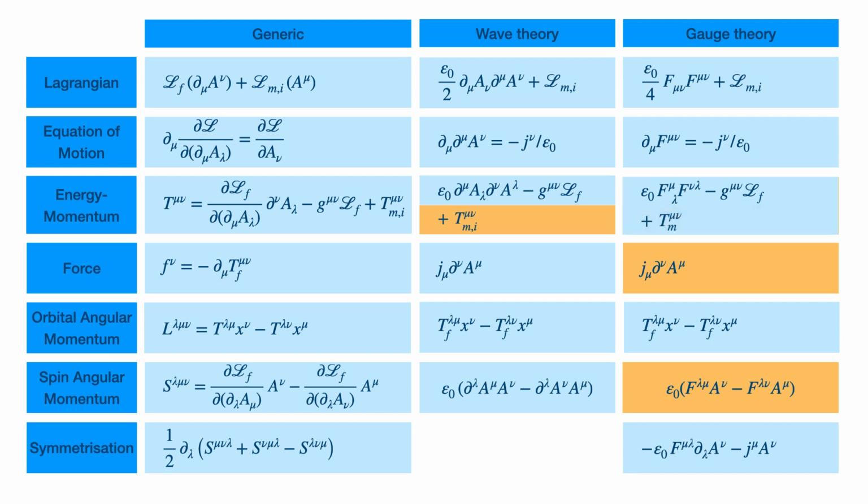This must equal the matter kinetic energy momentum, Tm, without interaction contribution. Indeed, the symmetrized field energy momentum alone leads to the Lorentz force by the Maxwell equation. Thus I can replace Tmi by Tm plus a mu j nu in the wave theory energy momentum.